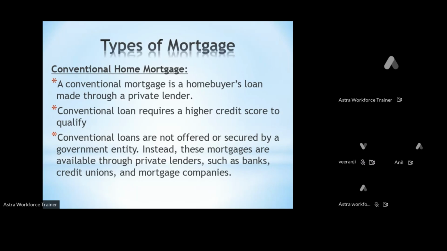They will approve a higher loan amount, but the interest rate is also on a higher side. Say for example, if government banks are approving loans starting with 8% or 9%, the private lenders will start with 12% or 13%, and till 24% or 36% also they will approve.